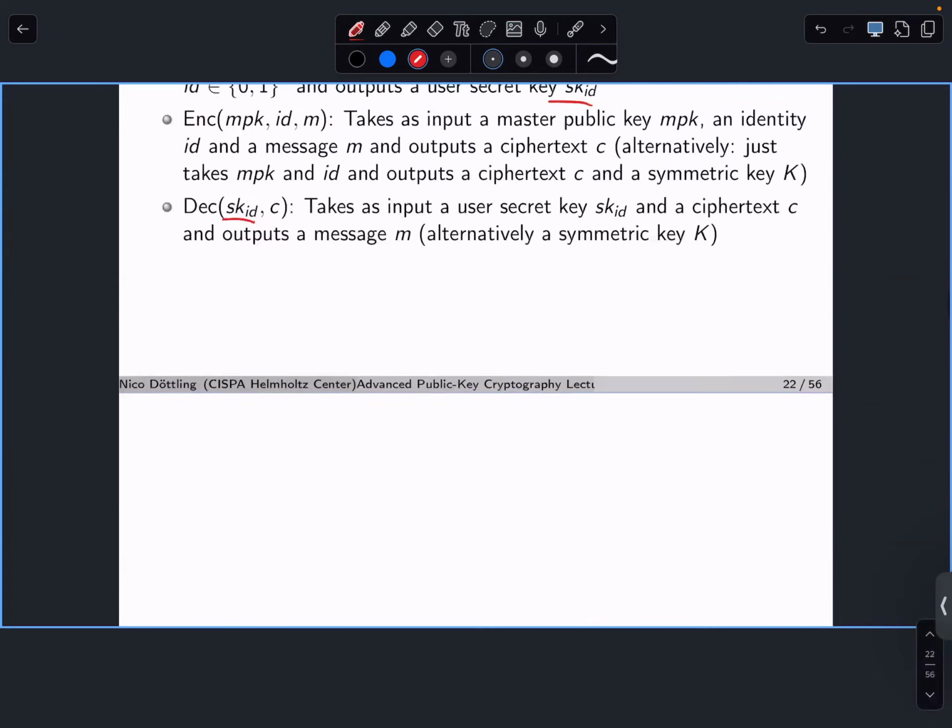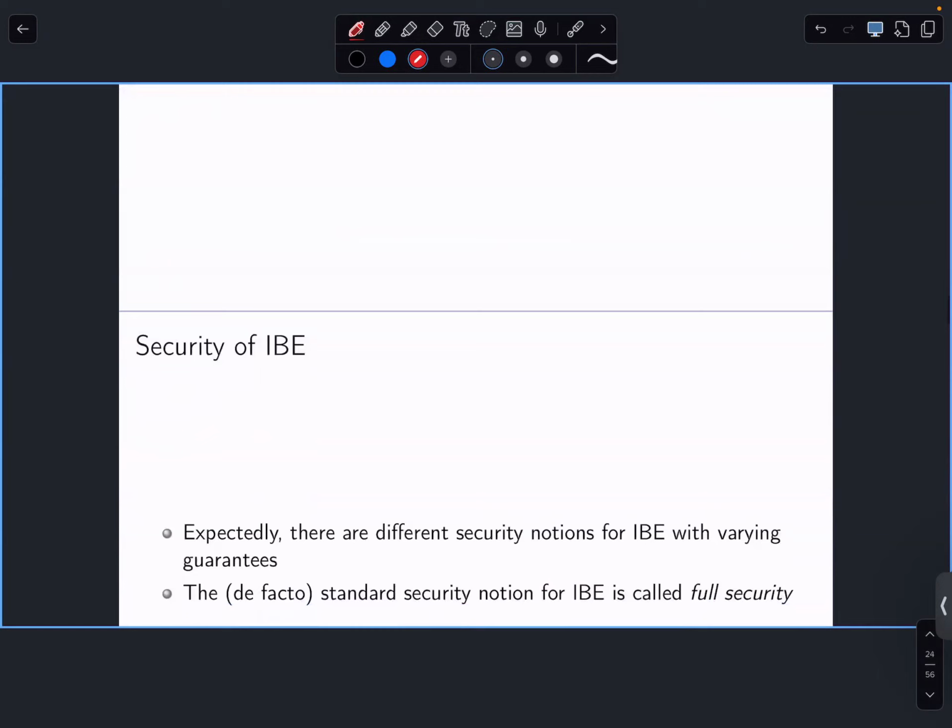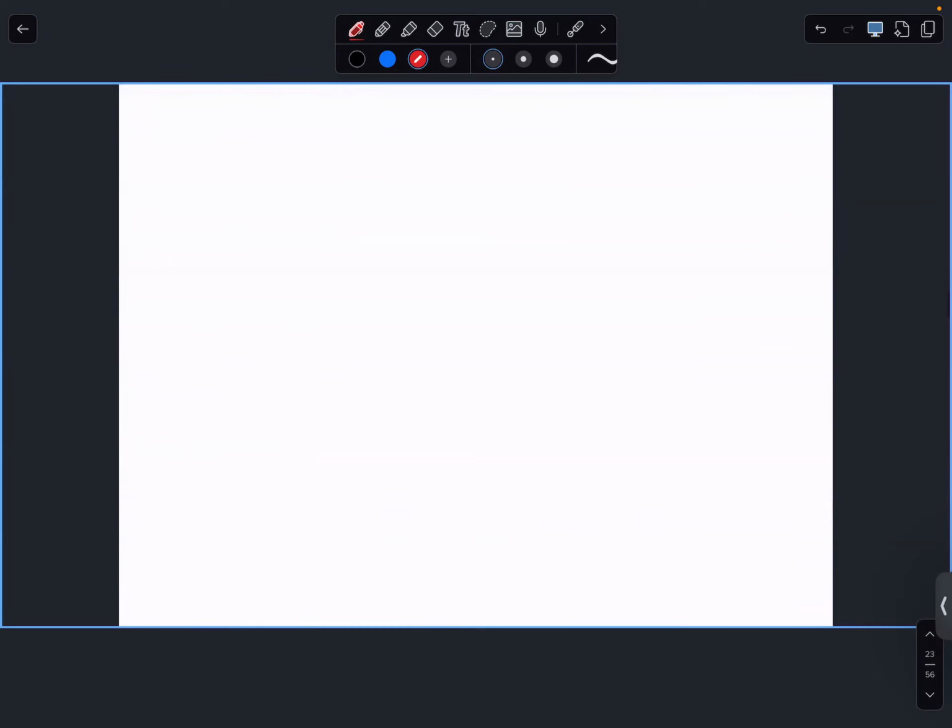So I usually like to kind of draw it this way. Let's say Alice wants to talk to Bob. We have here the authority, right? It generates master public key and master secret key from setup, and the master public key is sort of written in the sky.